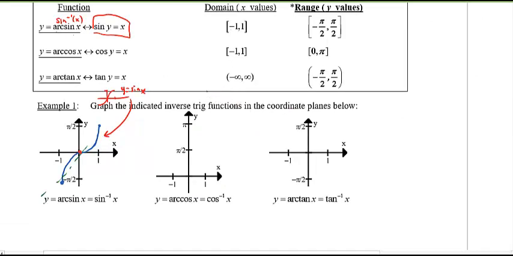So notice for cosine, graph starts at 1 to -1. The domain is 0 to pi, so that's cosine. So therefore, the domain values for arccos, which would be the inverse, is of course -1 to 1, and the range values from 0 to pi. And if you were to do this, I hope you can see something like this as your graph.